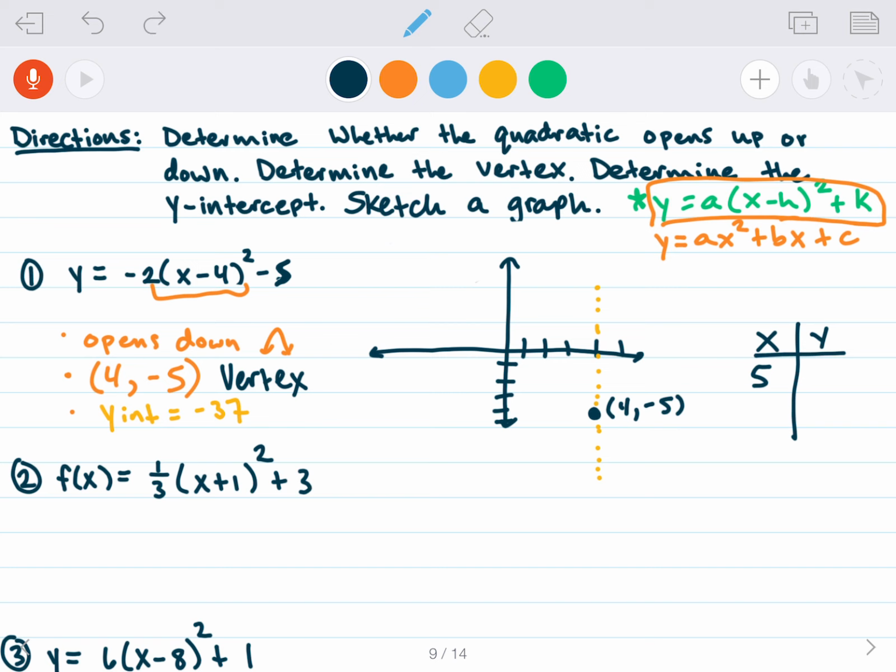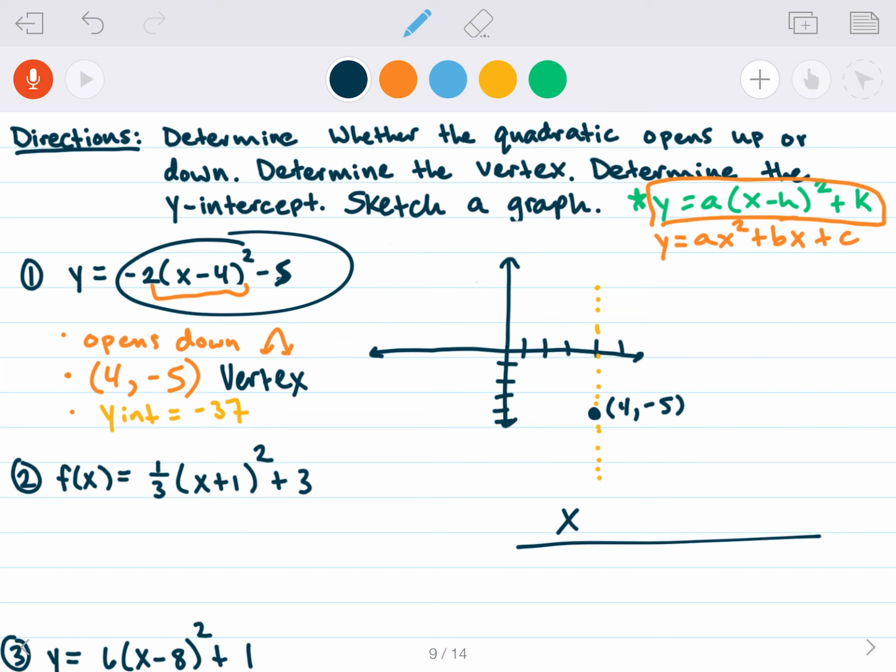I'm going to see what that y value is by just plugging x into the function. This is a function: I put in the x, I get out a y. Of course, I didn't give myself enough room here, so let's do it over here.